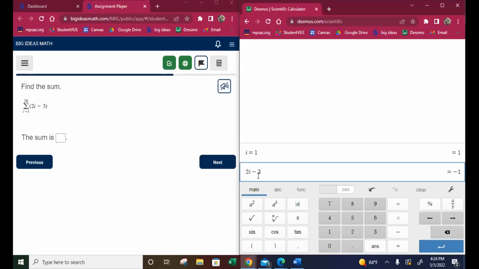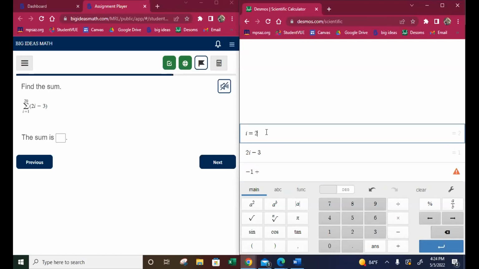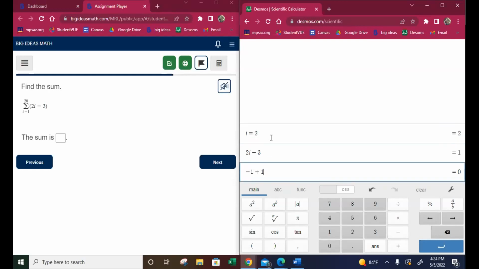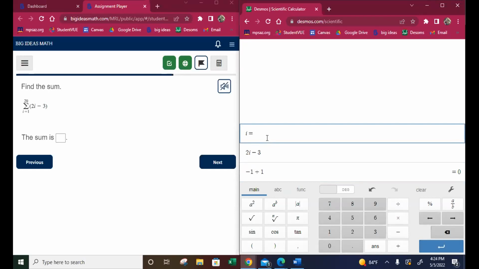Hit enter. Okay, so grab that number -1 and then hit enter, or plus, I'm sorry, plus, and then go back and change i to 2. Change it to 3.